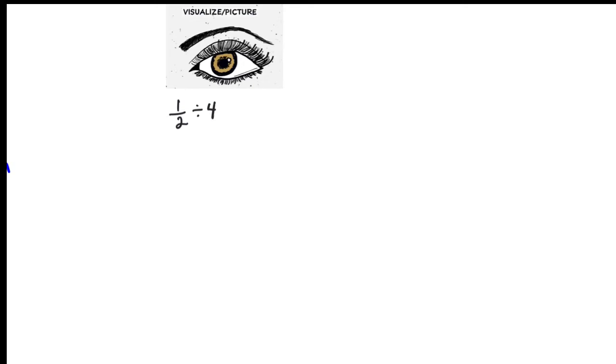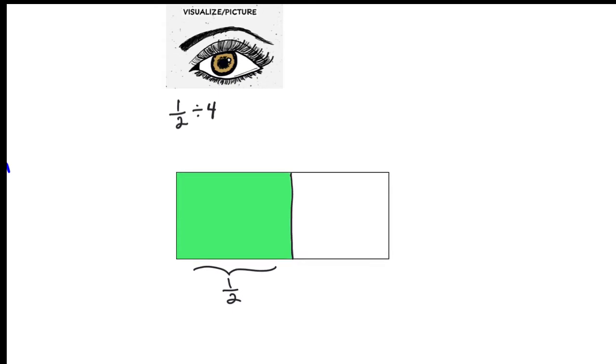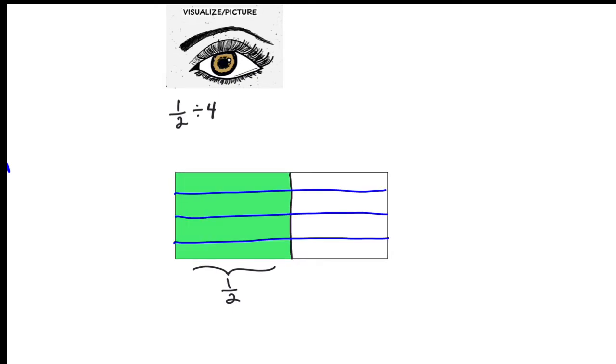Now we're going to do the 1/2 divided by 4 using a visual. We represent the 1/2 first, and then we divide it by 4. You can see what one part of the half represents. Keep in mind that this part has to be compared to all the parts that you have.